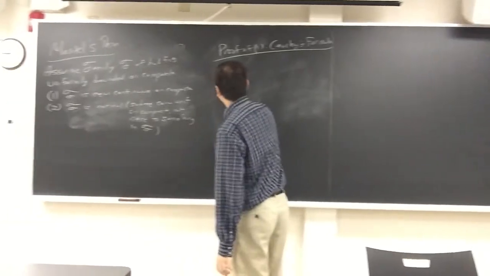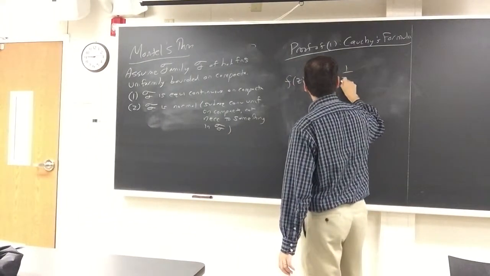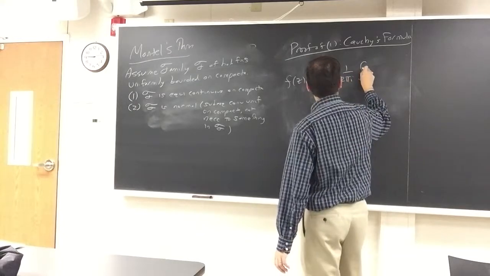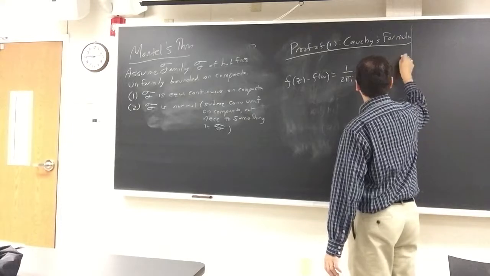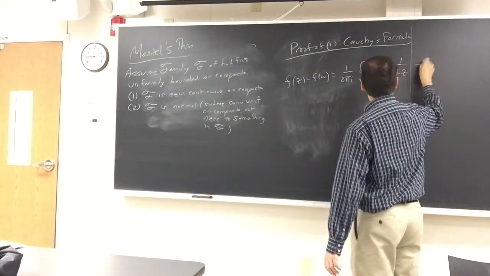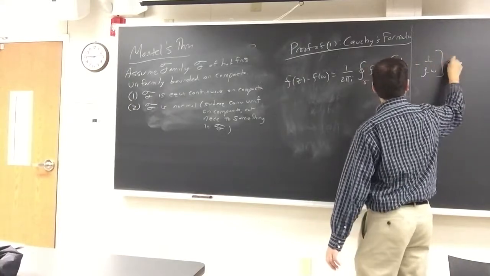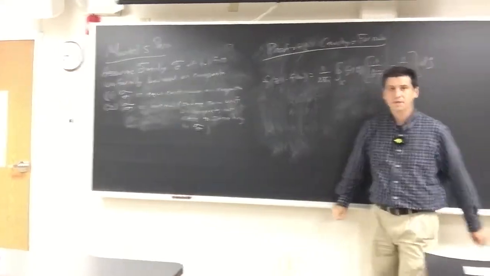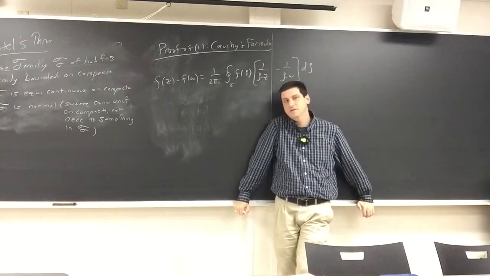And so the idea is, if we want to look at f of z minus f of w, this is 1 over 2 pi i integral over any closed curve gamma of f of zeta, and then 1 over zeta minus z minus 1 over zeta minus w d zeta.